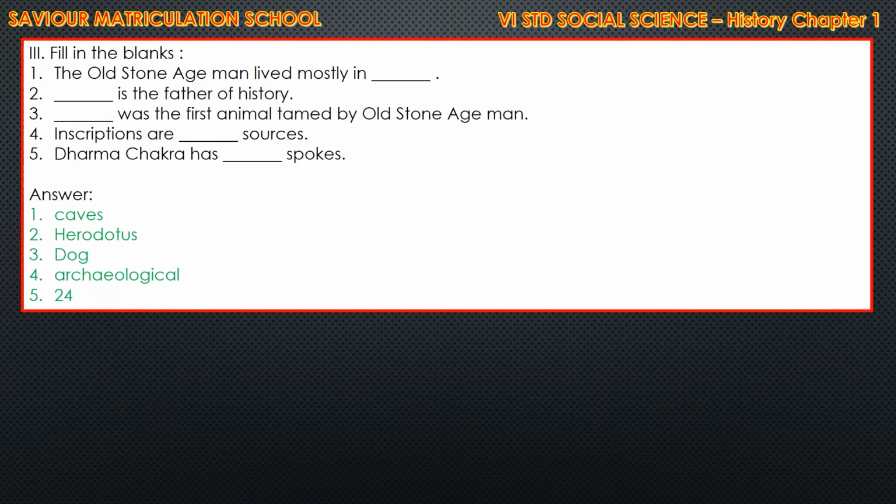What are the colors? Saffron, in the middle white, and the bottom green. In the middle of the white, we have Ashoka Chakra, Dharma Chakra. How many spokes are there? Yes, very good. 24 spokes. The answer is 24 spokes.